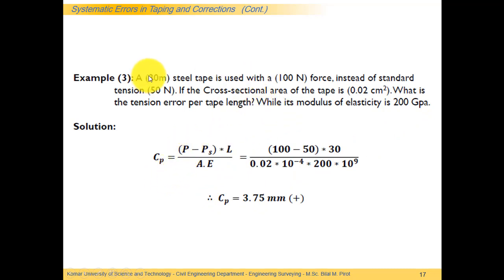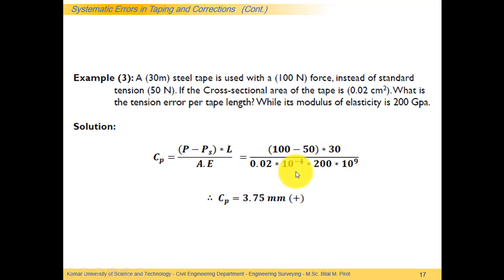As you see, we have two different forces, 150 and 50, this is P and Ps, that's given, multiplied by L. L is the length of the tape, that is given, 30. A is the cross-sectional area, and it is also given. E is the modulus of elasticity, that is 200. So why are we multiplying those numbers by 10 to the power of -4 and 10 to the power of 9?